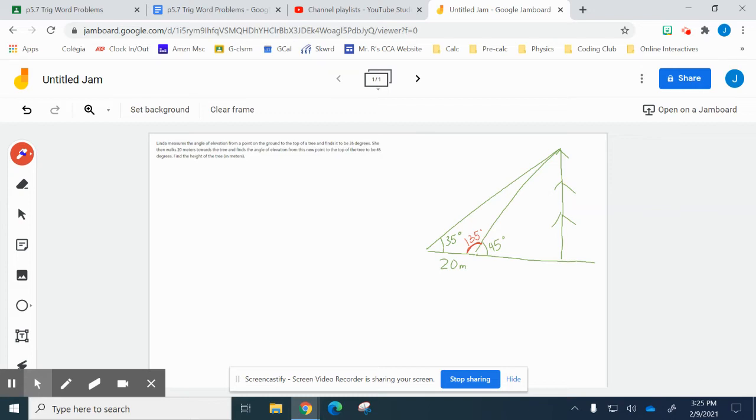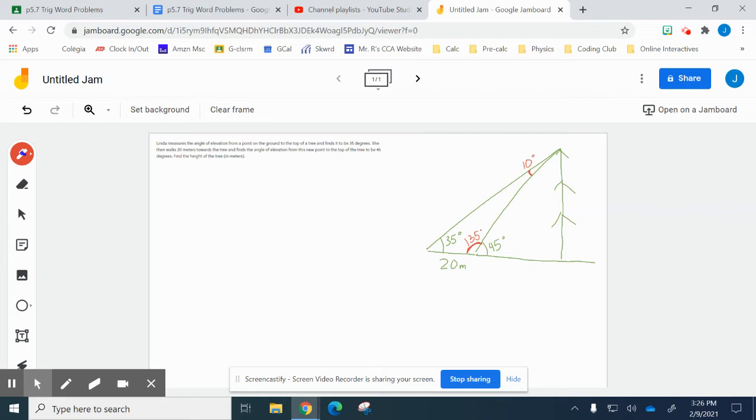And if that angle is 135, then we can certainly figure out this angle here, because that's the third interior angle, and the three interior angles of any triangle add up to 180 degrees. So we do 180 minus 135 minus 35, and we get 10. So that angle is 10 degrees.